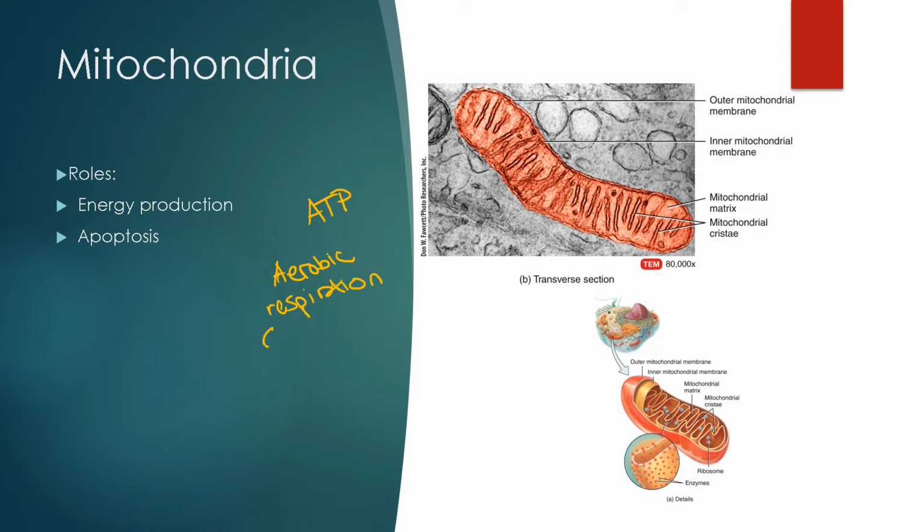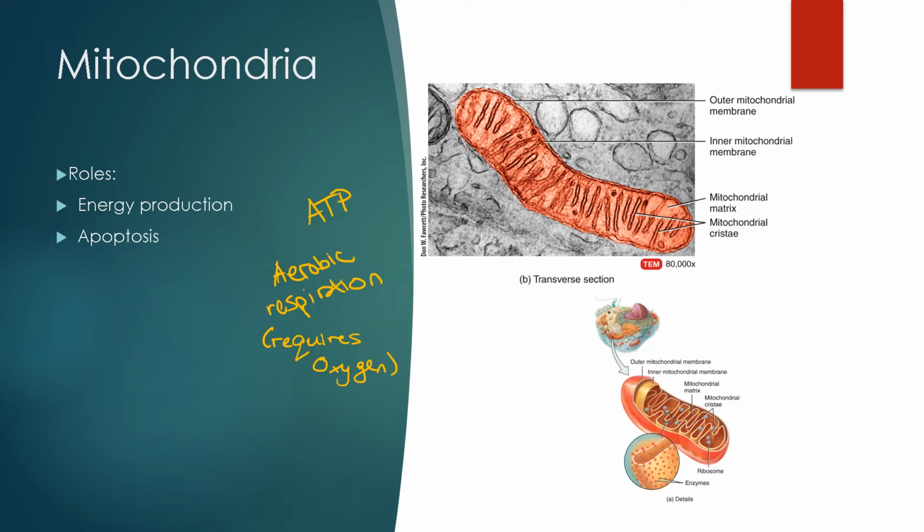Aerobic respiration means that it requires oxygen. Now, a cell may have as many as a few hundred or even several thousand mitochondria within it.